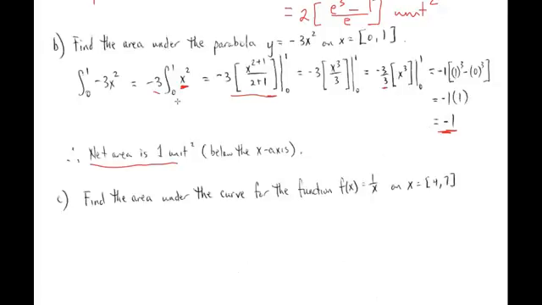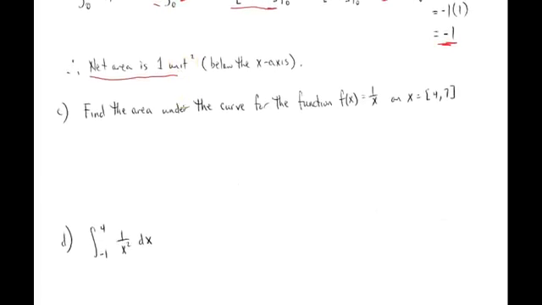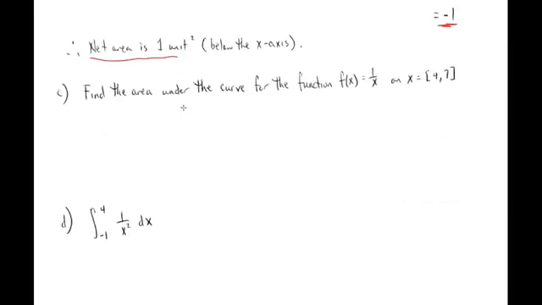Okay? And so now, in this next example, we're asked to find the area under the curve for the function f of x is equal to 1 over x. And we're asked to do that from x equals 4 to x equals 7. So this area will just be the integral from 4 to 7 of 1 over x dx. And so if you remember, we know that the derivative of natural log of the absolute value of x is just 1 over x.